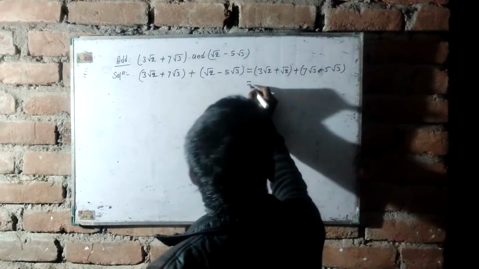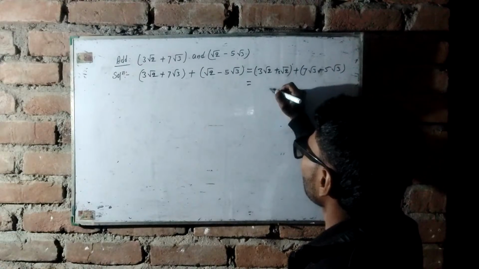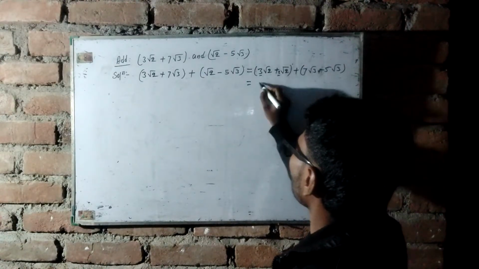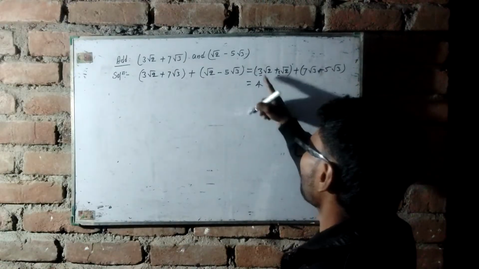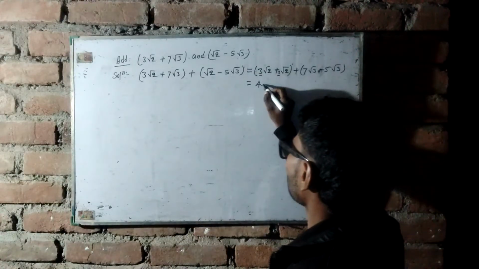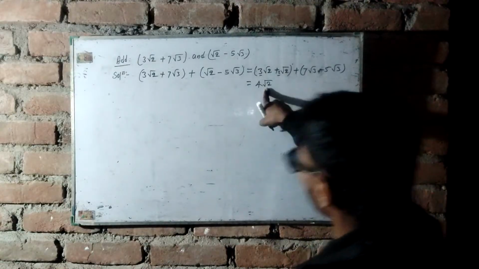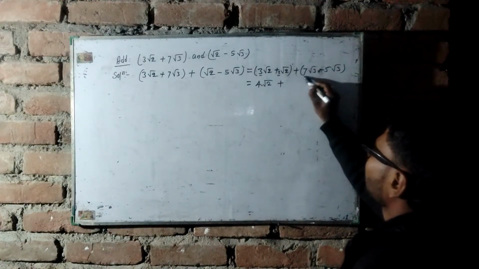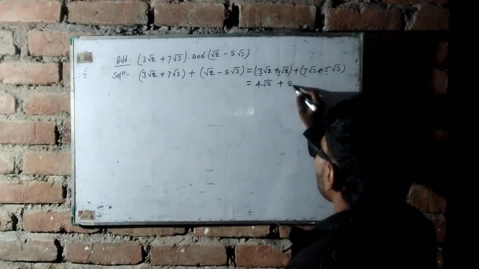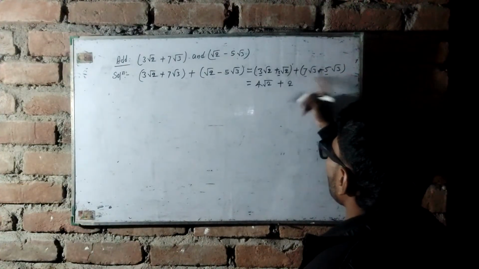Now you consider 1 here. Okay, 3 plus 1 is 4, root 2 common in both terms, so we can write root 2 as a common multiple. Plus, now 7 minus 5 is equal to 2 and root 3 as a common multiple.